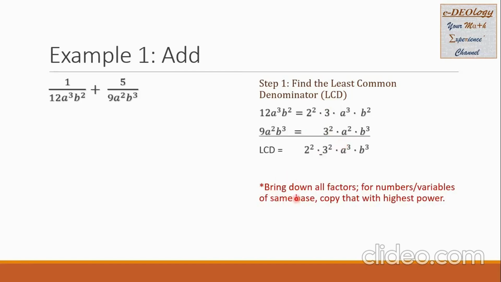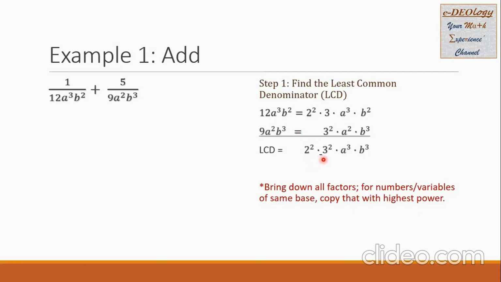Next, we're going to bring down all factors. For numbers or variables of the same base, copy the one with the highest power. Let's begin with the 2 squared. There is no 2 factor in the second denominator, so we just copy the 2 squared.